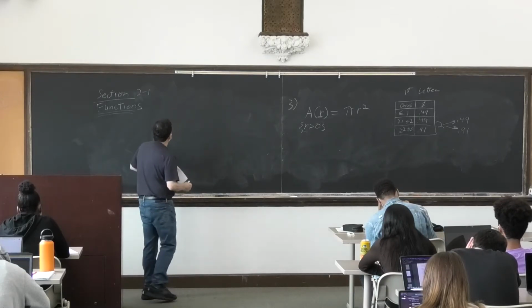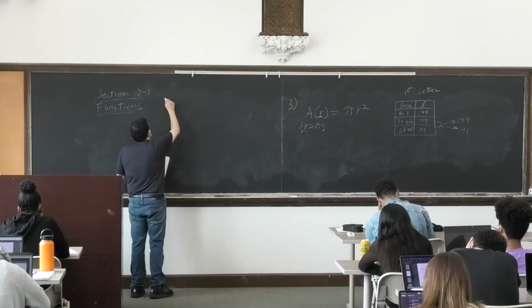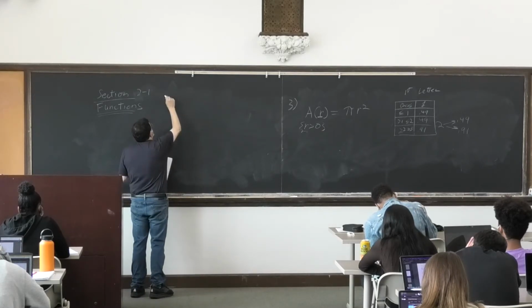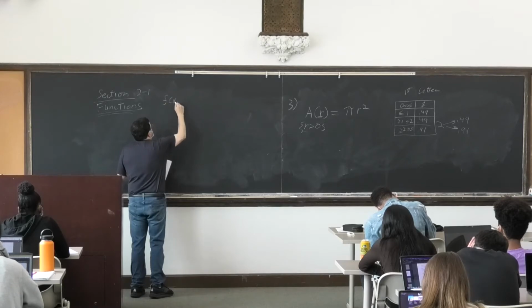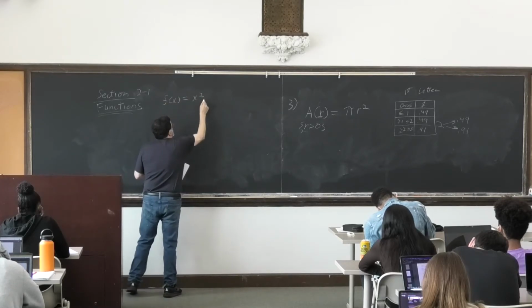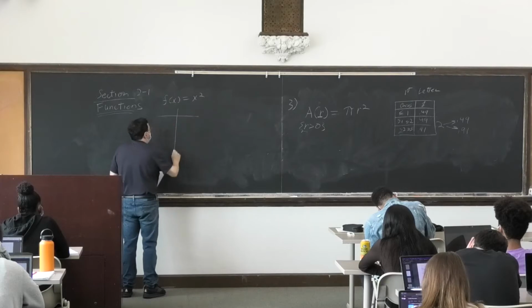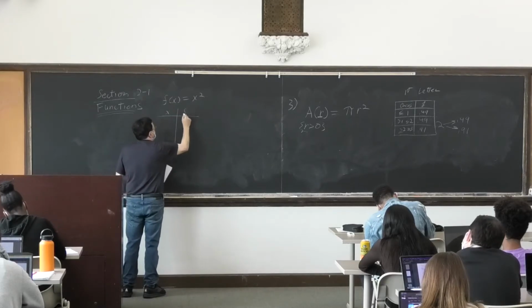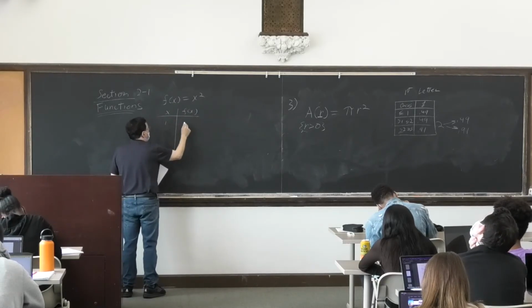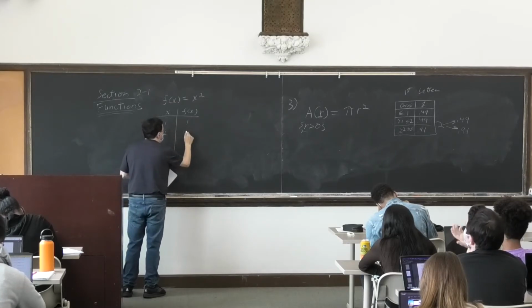Okay, I was trying to say something about, let's say I have this function x squared, and make a little table here. X is 1, 2, and the outputs are 1, 4.